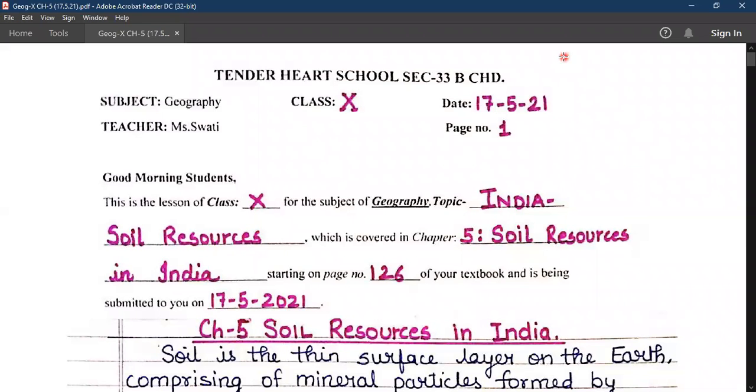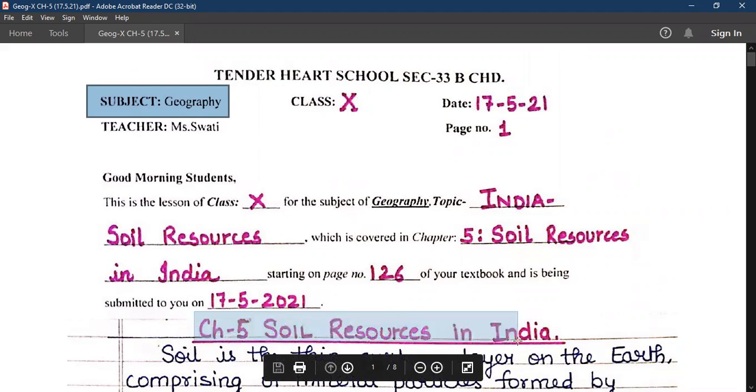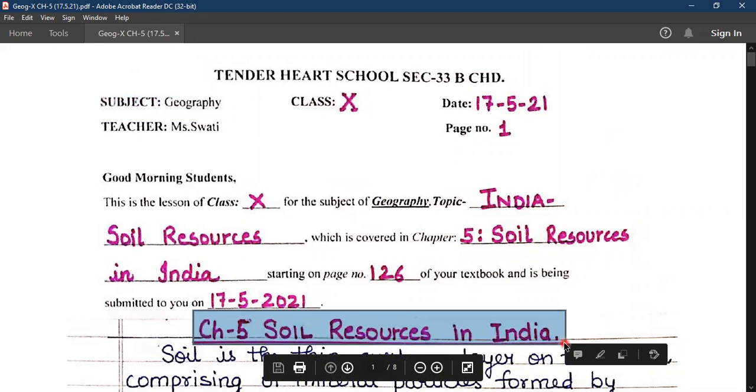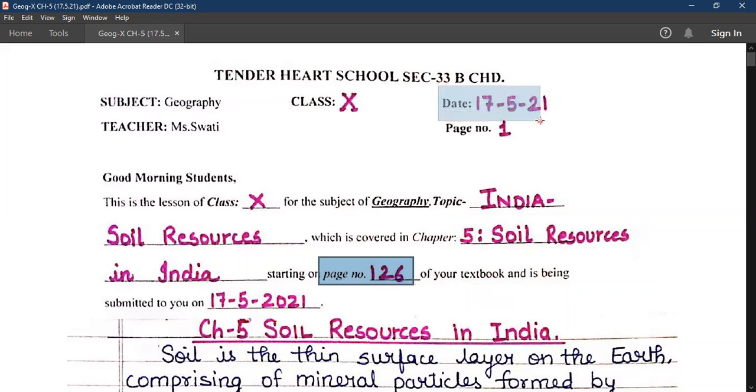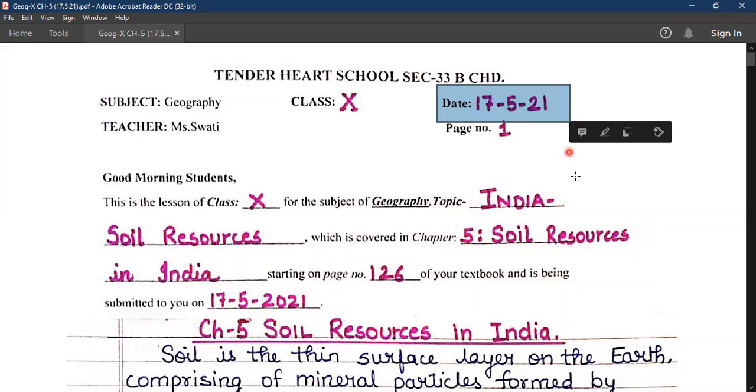Good morning, students. This is the lesson of class 10 for the subject of geography, topic India soil resources, which is covered in chapter 5, soil resources in India, starting on page number 126 of your textbook, and is being submitted to you on 17th of May 2021.